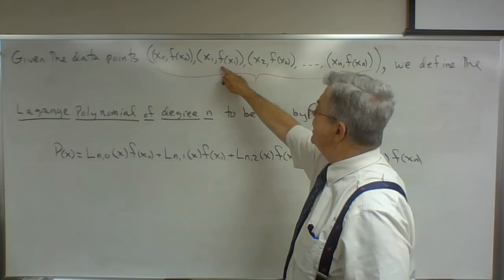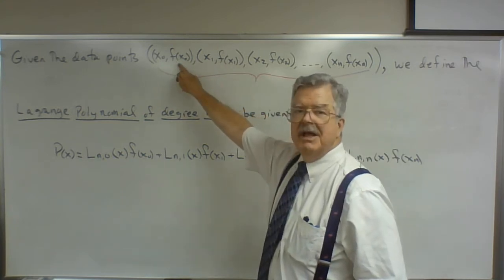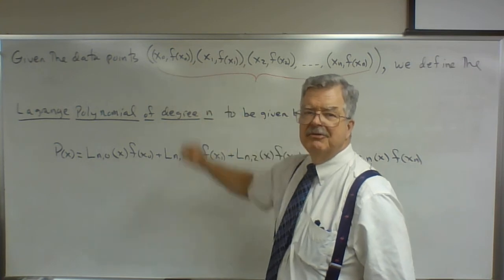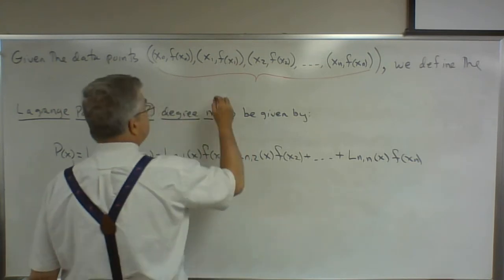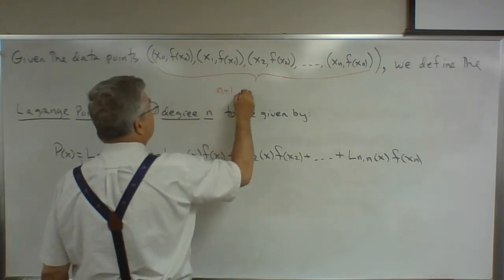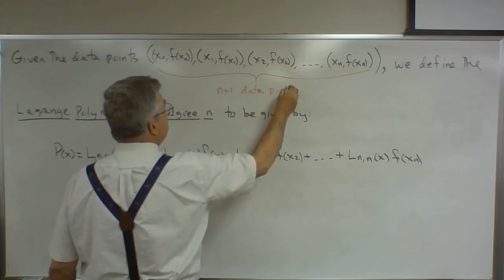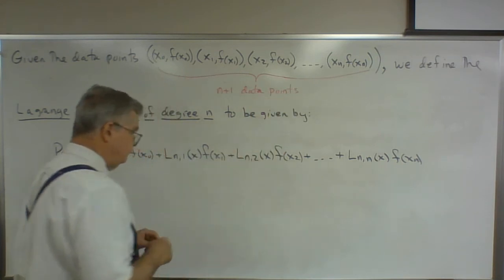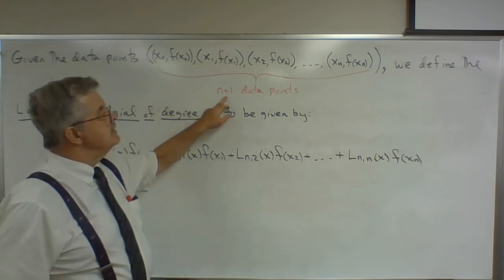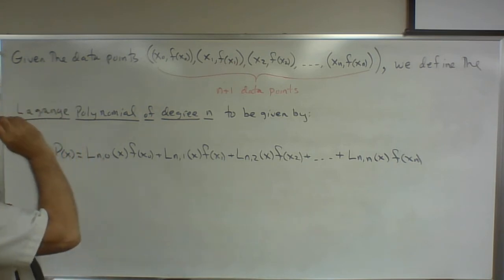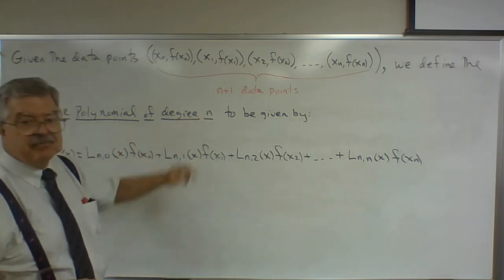So starting here and going here, we have n data points, but we didn't count this one. This will be the n plus first. So we have n plus 1 data points, and from our n plus 1 data points, we're going to get a Lagrange polynomial of degree n.